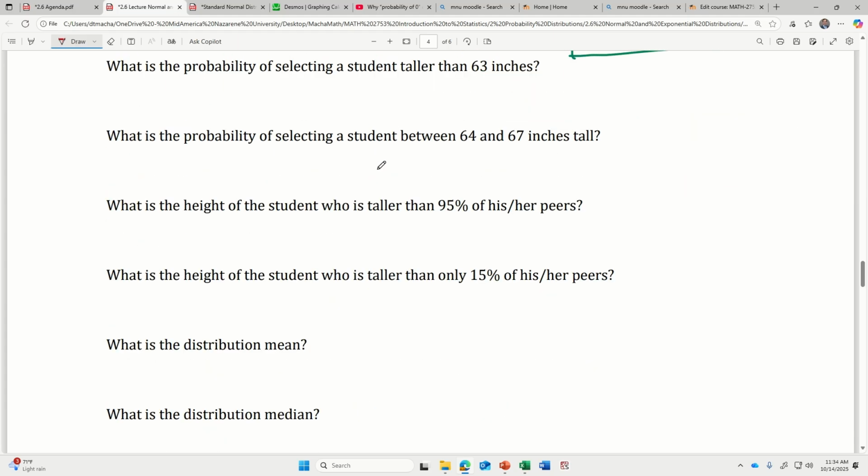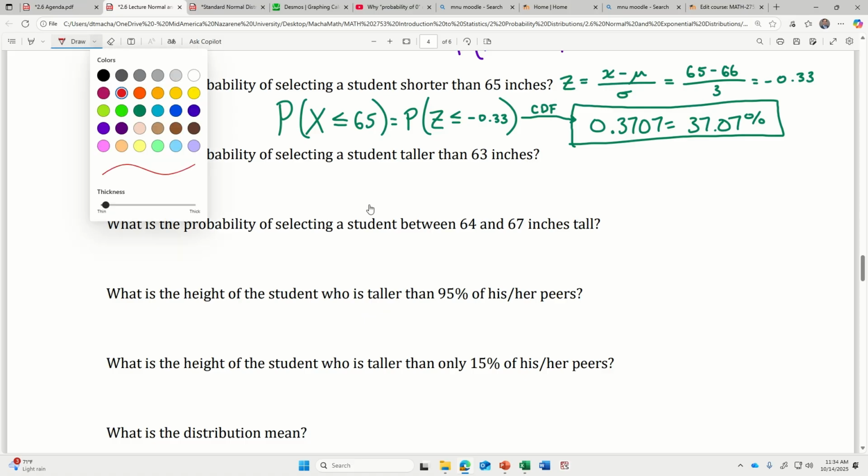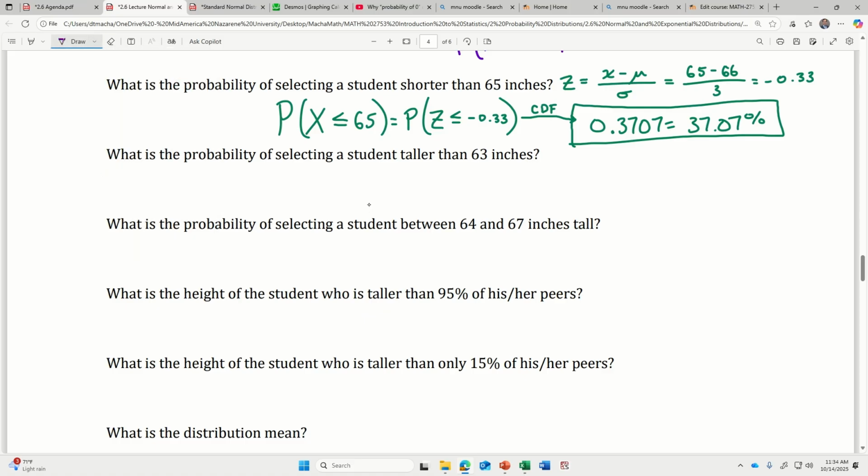All right, the probability of selecting a student taller than 63 inches. We've got 26 minutes left in class, so I'm going to speed up a little. The probability of getting a student taller than 63 inches is the complement of getting a student shorter than or equal to 63 inches.